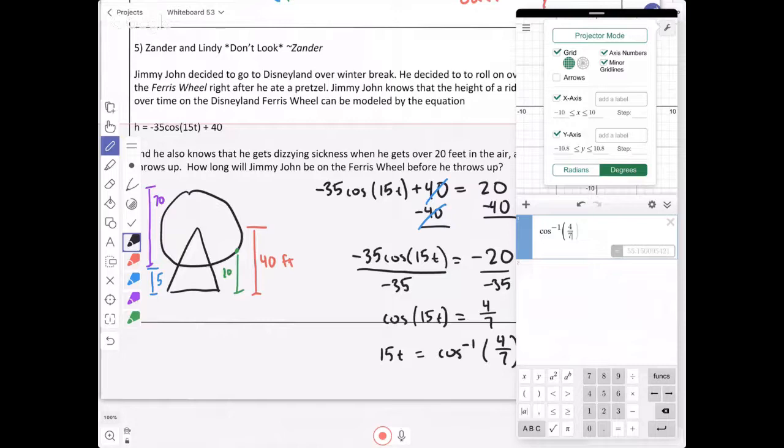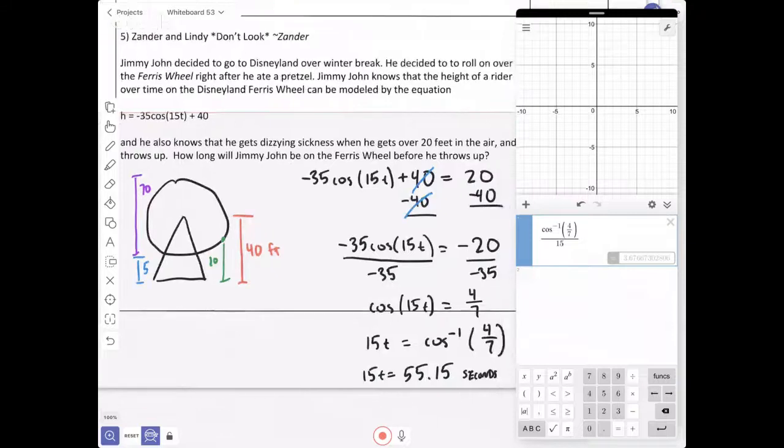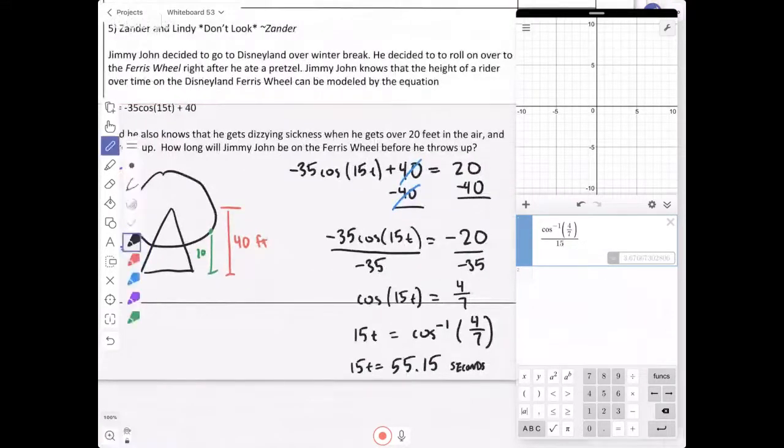We're going to assume this is in degrees, I think. That makes more sense. So 15t equals 55.15. And divide by 15. And sounds like I will be throwing up after 3.68 seconds.